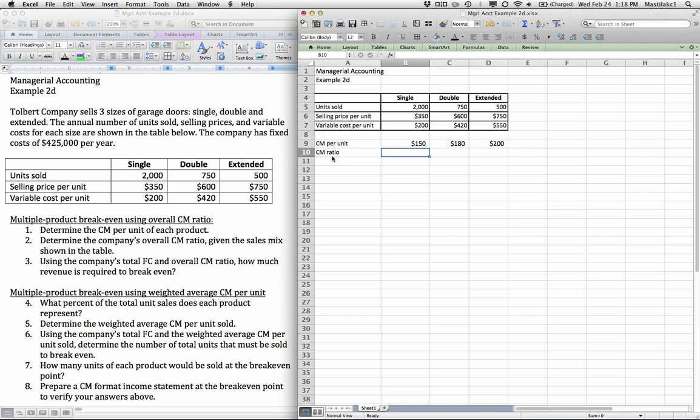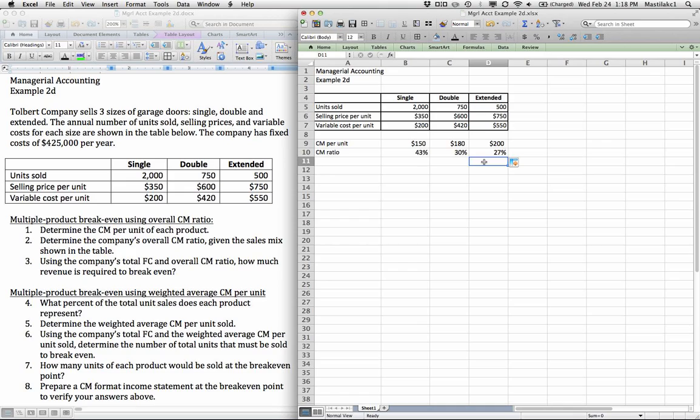And I'll demonstrate that by taking the contribution per unit divided by the selling price. And we see that the contribution margin of the single product is 43%, the double product is 30%, and the extended product is 27%.